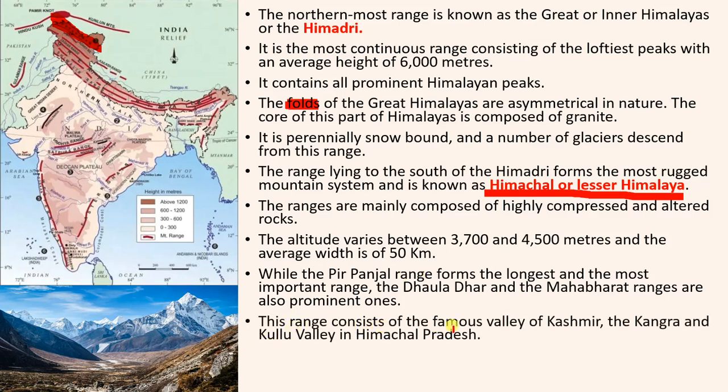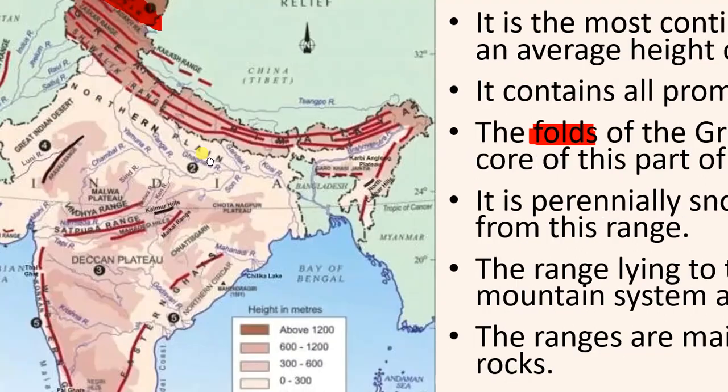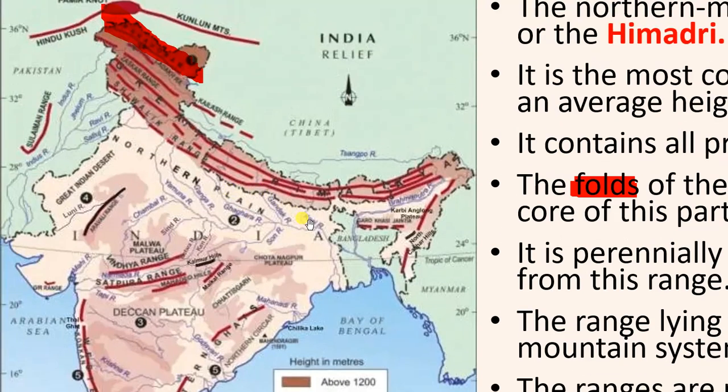This range consists of the famous valleys of Kashmir and Kangra and the Kullu Valley in Himachal Pradesh. All these are not clearly visible in the map if we see from a closer look.